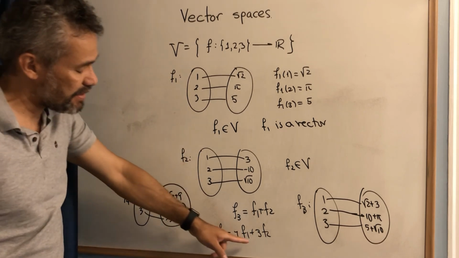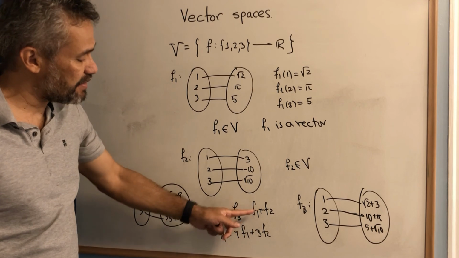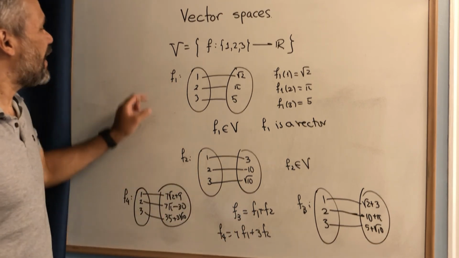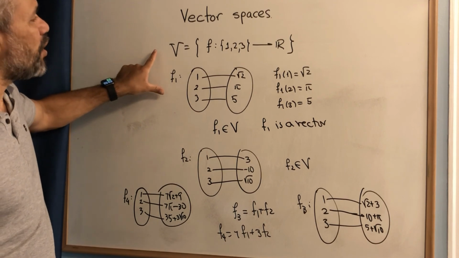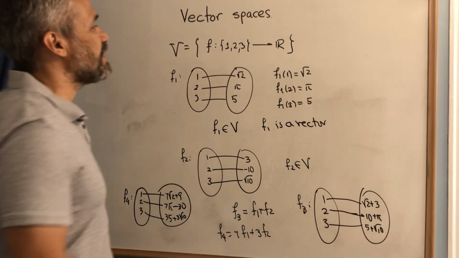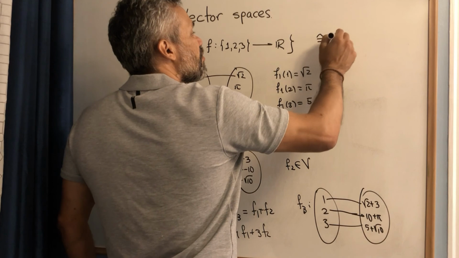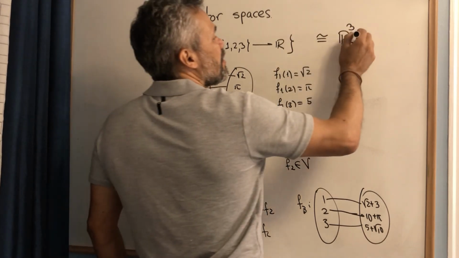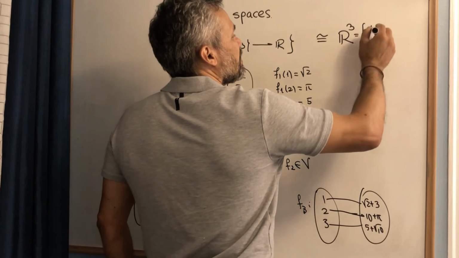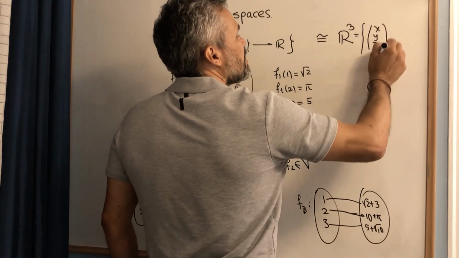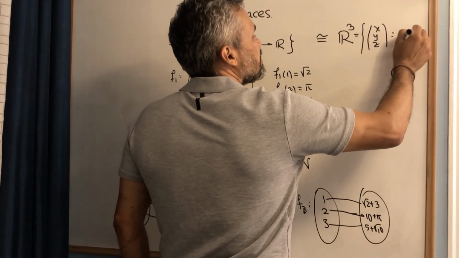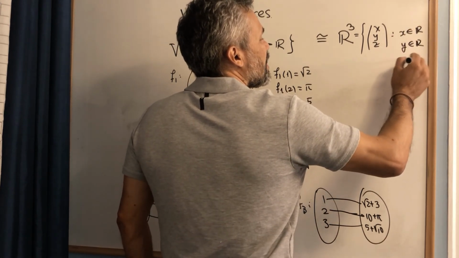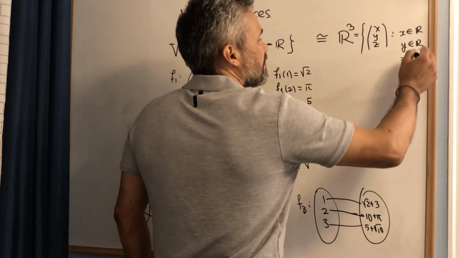Then we can define a linear combination of vectors. We can define the sum of two vectors, and it provides a vector. But what I want you to notice is that this vector space is not so far from being the vector space R3 of column vectors x, y, z, such that x, y, and z are real numbers.